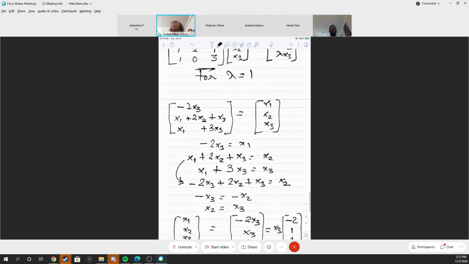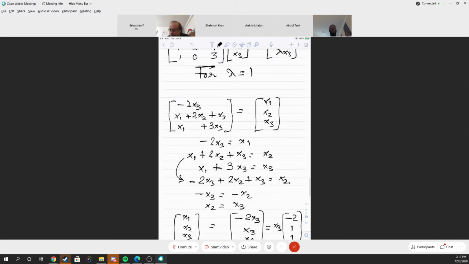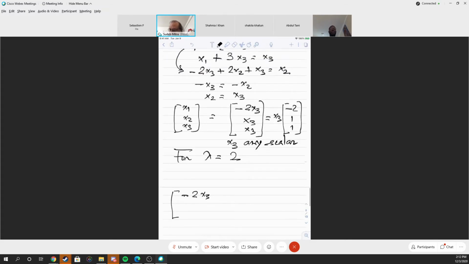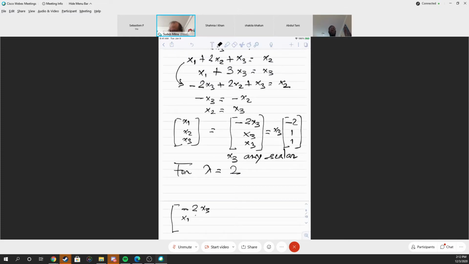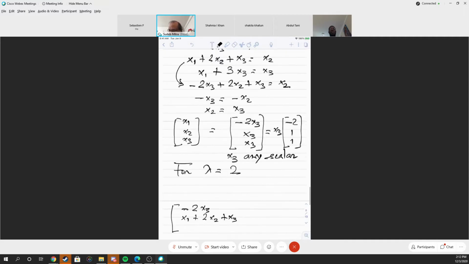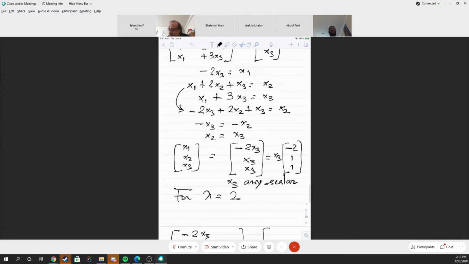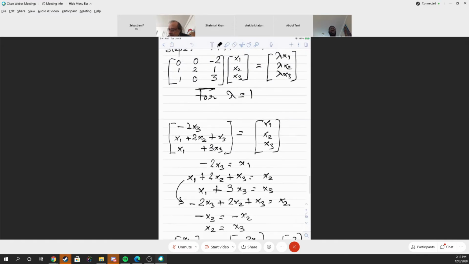Minus 2x3, x1 plus 2x2 plus x3, x1 plus 3x3, so then this is lambda equal to 2.